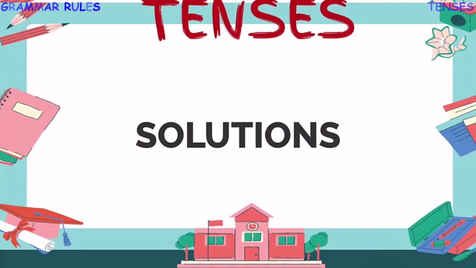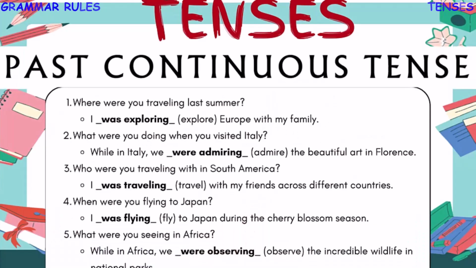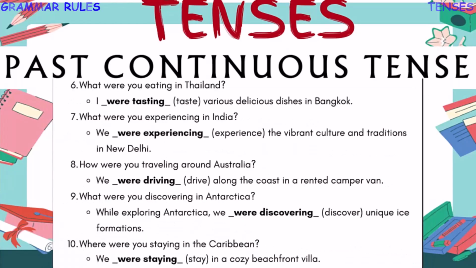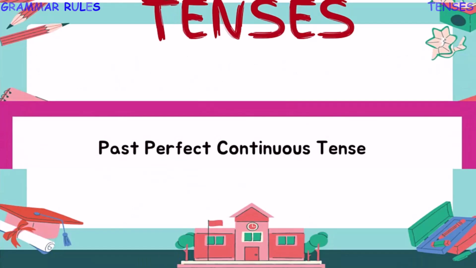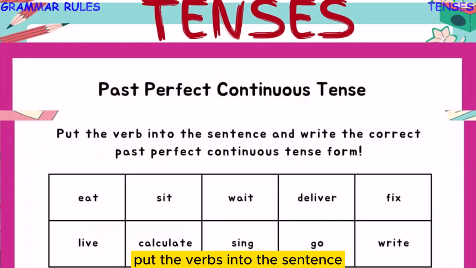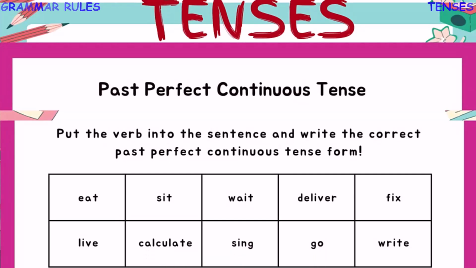Solutions. Past perfect continuous tense. Put the verbs into the sentence and write the correct past perfect continuous tense form.